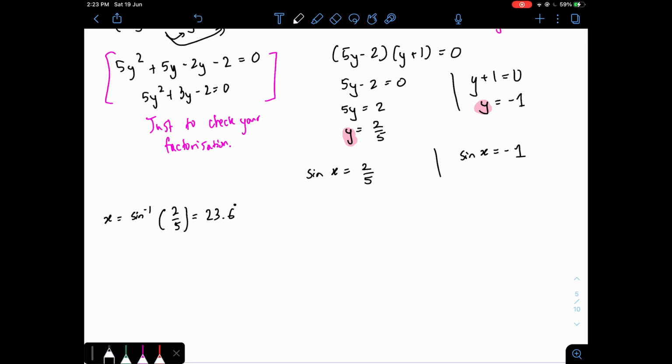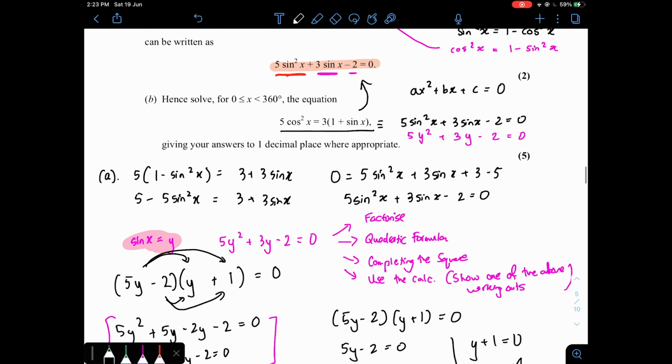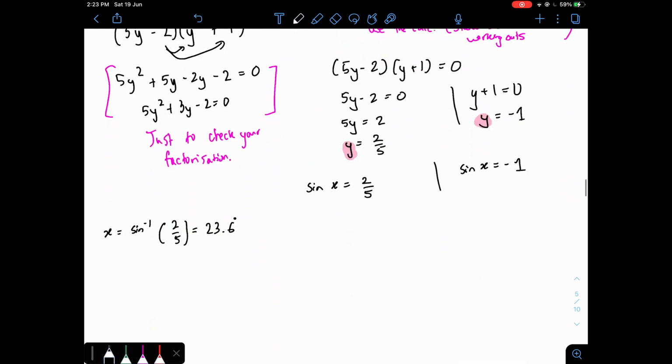23.6 degrees. Let's see, they want it to 1 decimal place where appropriate. This is 1 decimal place, so it's fine. 23.6. And let's see the other part. So this is x equals sine inverse of negative 1. So that is 270.